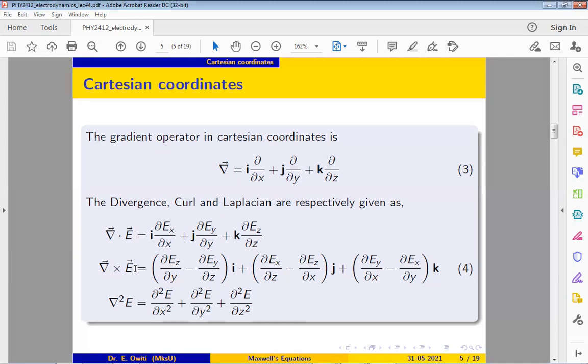Then the second row contains the components of the del operator, and in the third row you have the components of the vector.